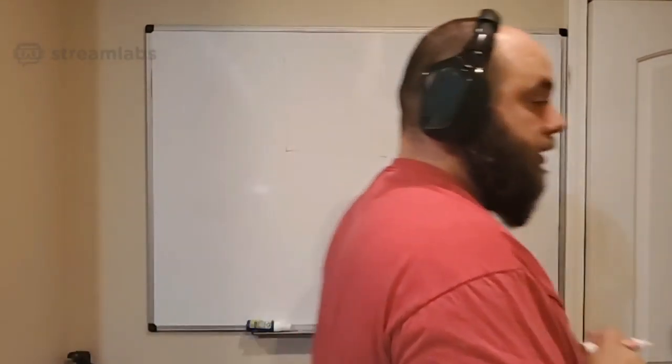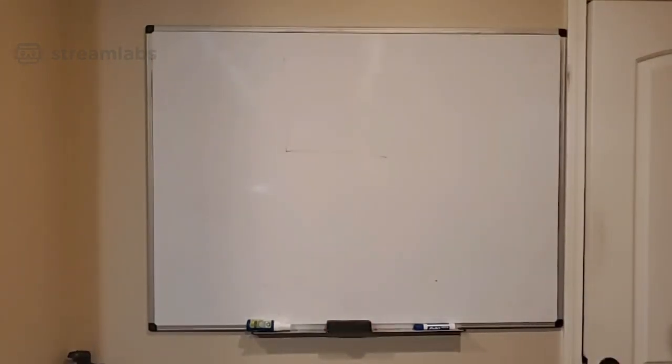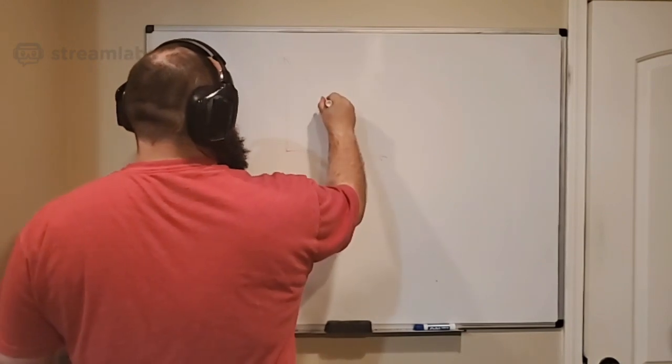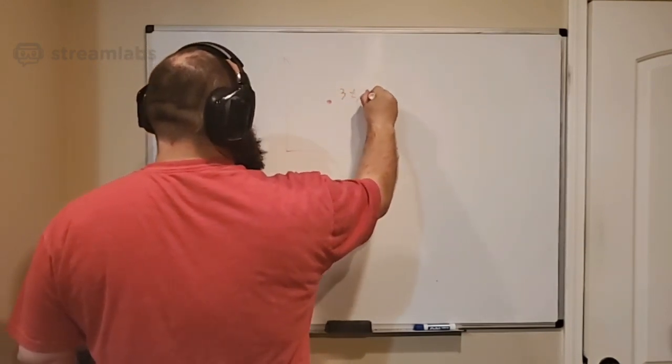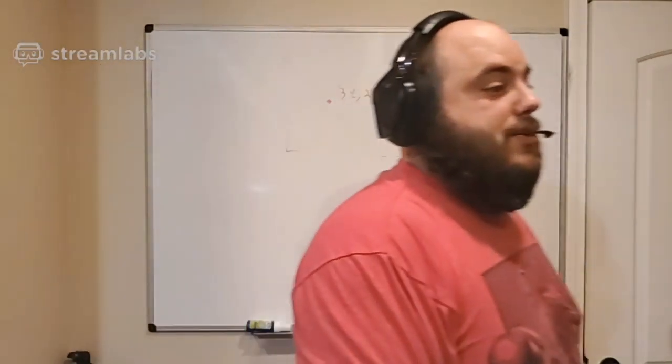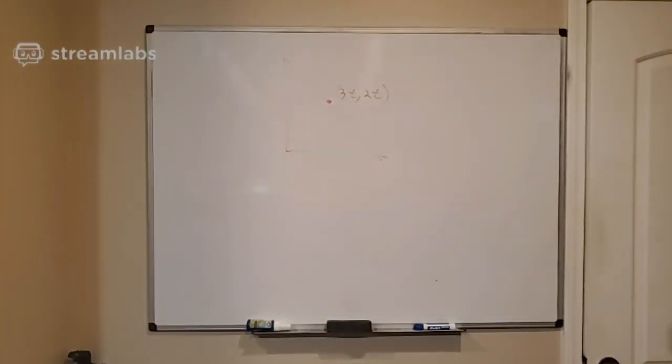Alright, so let's see, we have a slope of -2 and a point (3t, 2t). So I know my triangle is going to look something like that, and I have a point here, (3t, 2t). I don't really care where it's at, it's just a visual representation for myself. I'm looking for the area of the triangle AOB.